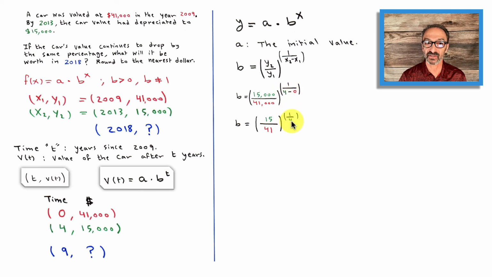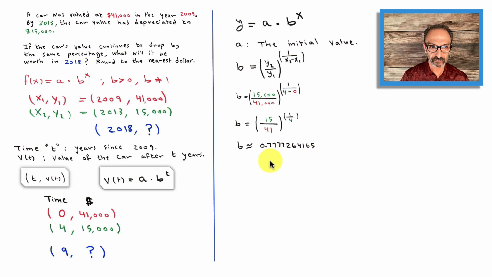I know this is not simple like b equals 2 in the previous example, but that's going to be a decimal, and we're not supposed to round while we're solving. We wait till the end and we round our final answer. So this is approximate. That's what the calculator displays for b.